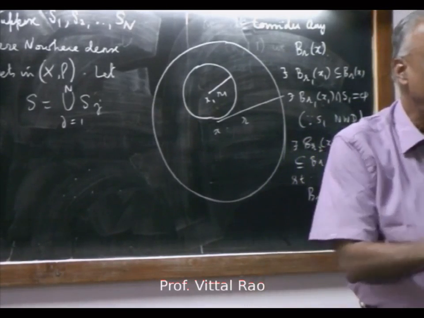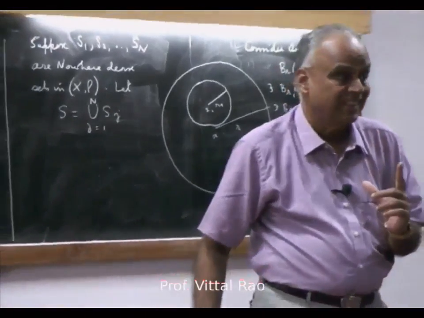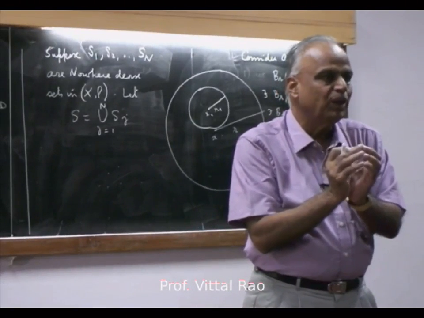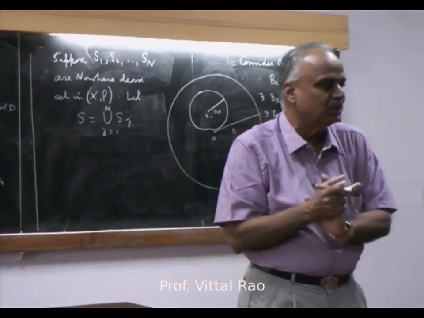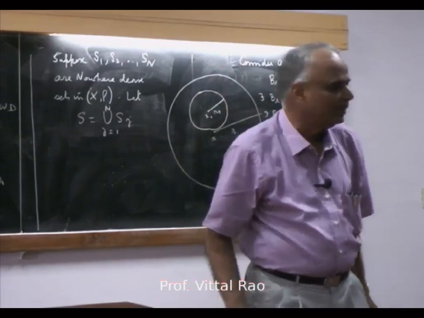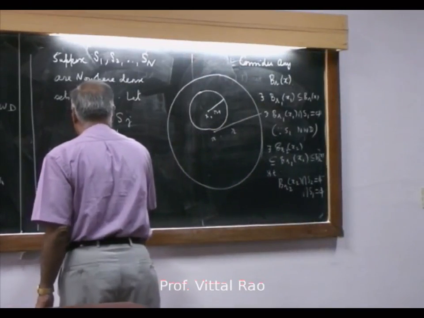Now if I go on doing it, after a finite number of steps the radius is going down, but because it is only finite, it does not go to 0.